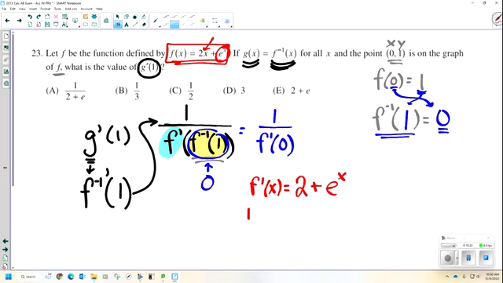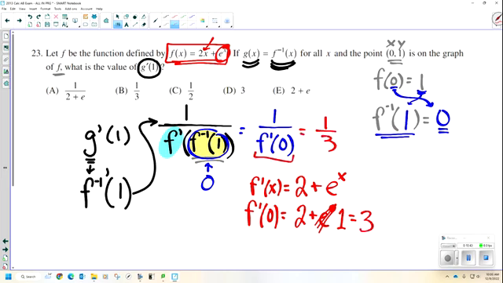So let's plug a 0 in for that x. 2 plus e to the 0. Anything, and I mean anything, to the power of 0 is 1. No, it's not 0. Silly. 2 plus 1 is 3. That means this value is 3. 1 over 3. And that, my friends, is choice B.